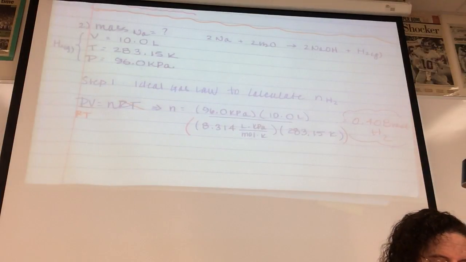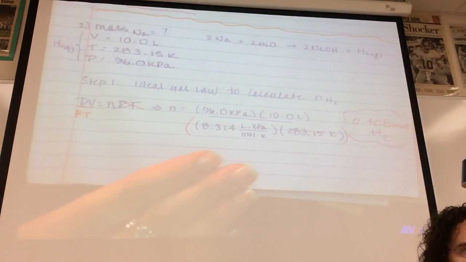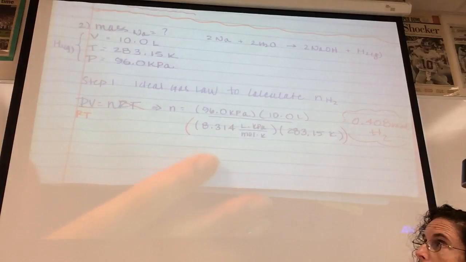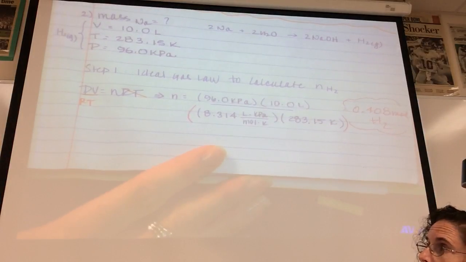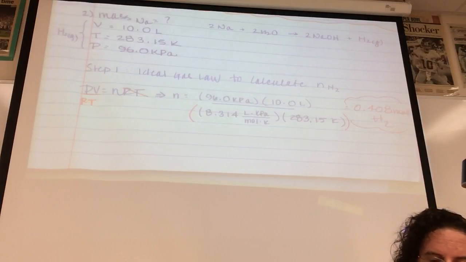And again, if you did your ideal gas law problems, you shouldn't have any issues solving for moles of a substance. Questions at this point? So now, if you want to get the mass of sodium, what are you going to do?